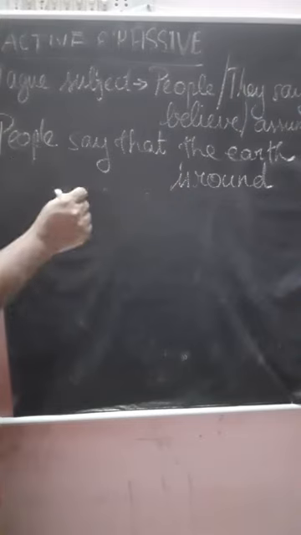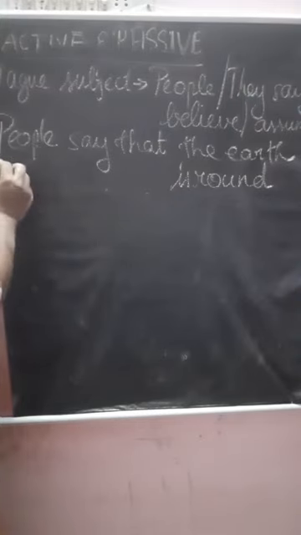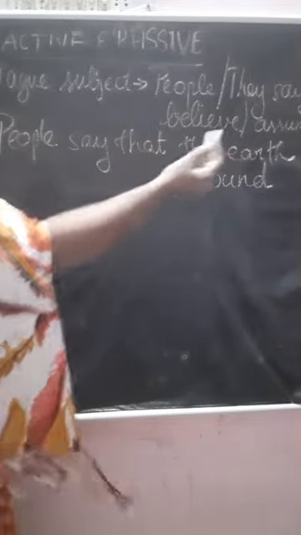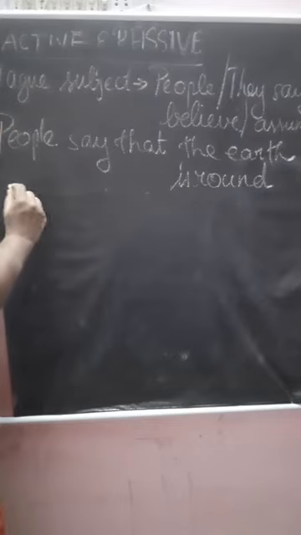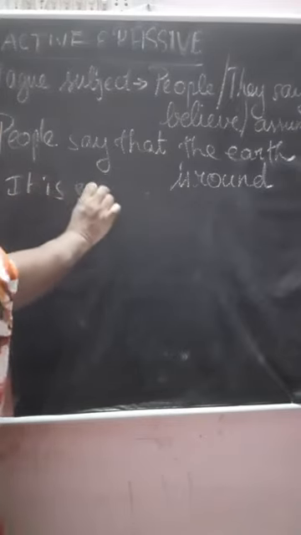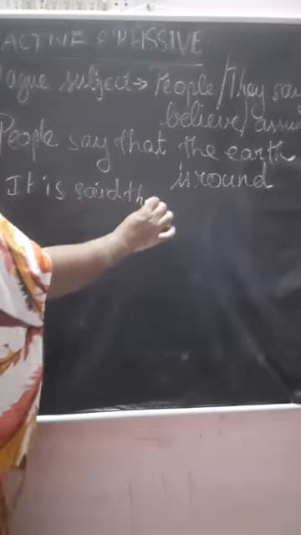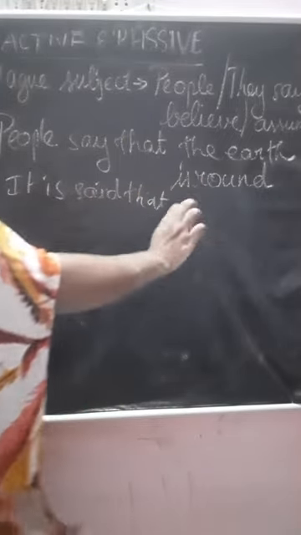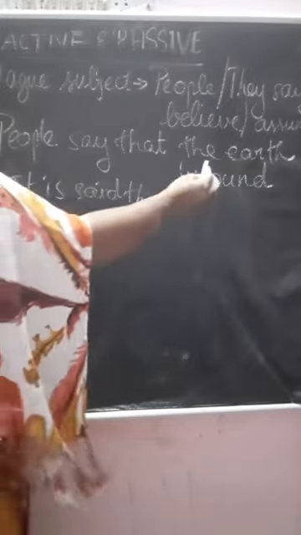So remember, there are some exceptional rules. Whenever we find vague subjects, like "people say" or "they believe", what we have to use is "it is said that". The second part of the sentence stays as it is. We cannot change "the earth is round".